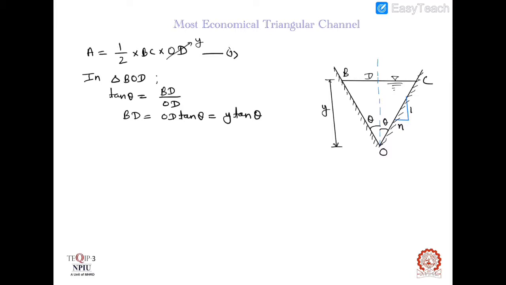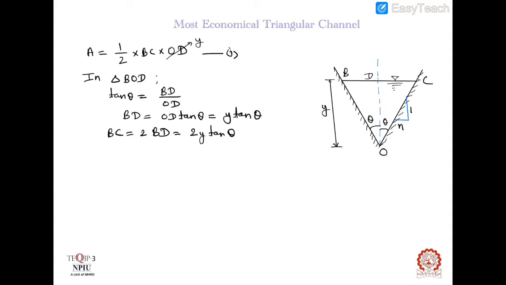Now look here, BC is 2 times of BD. This BD is equal to DC because this is symmetrical. So BC is equal to 2 times of BD, and BD is Y tan theta. So BC is equal to 2Y tan theta.